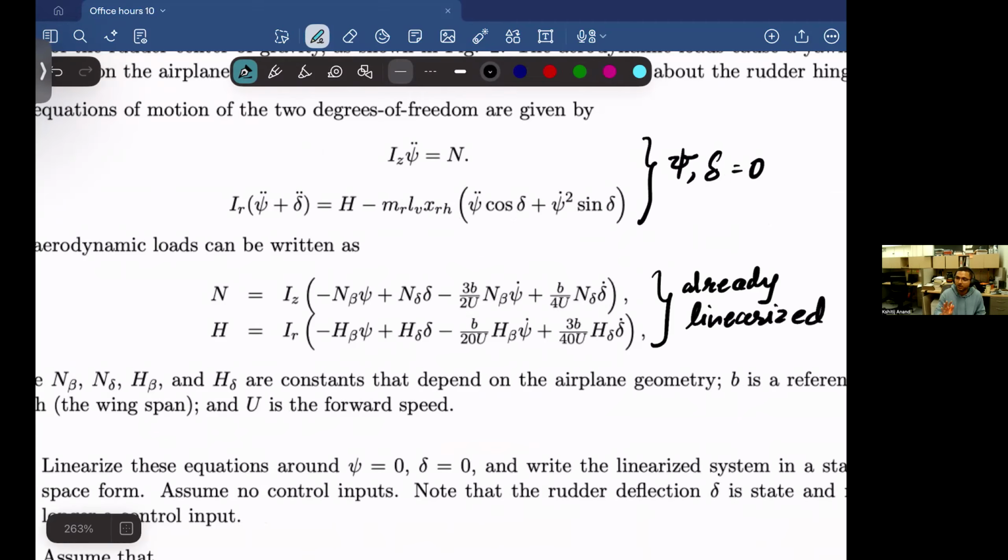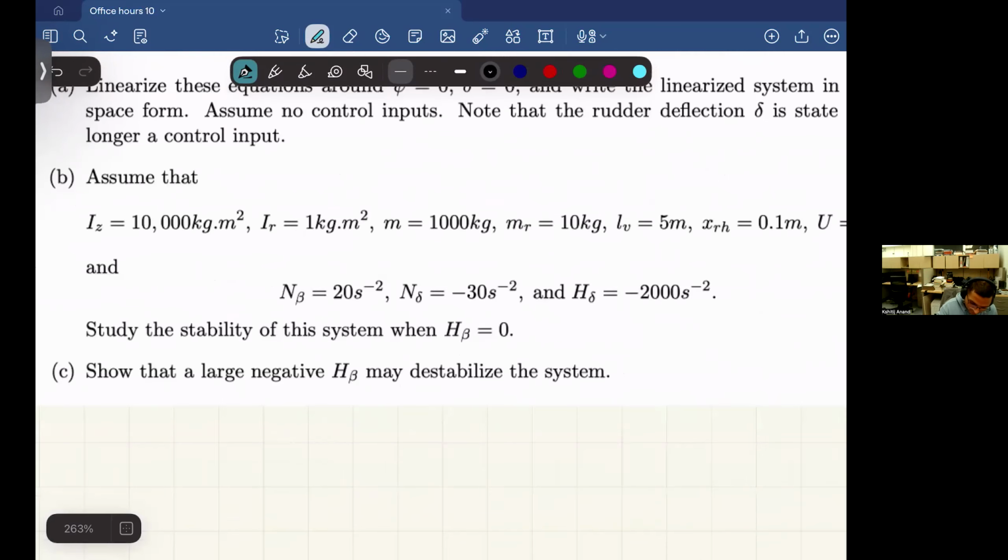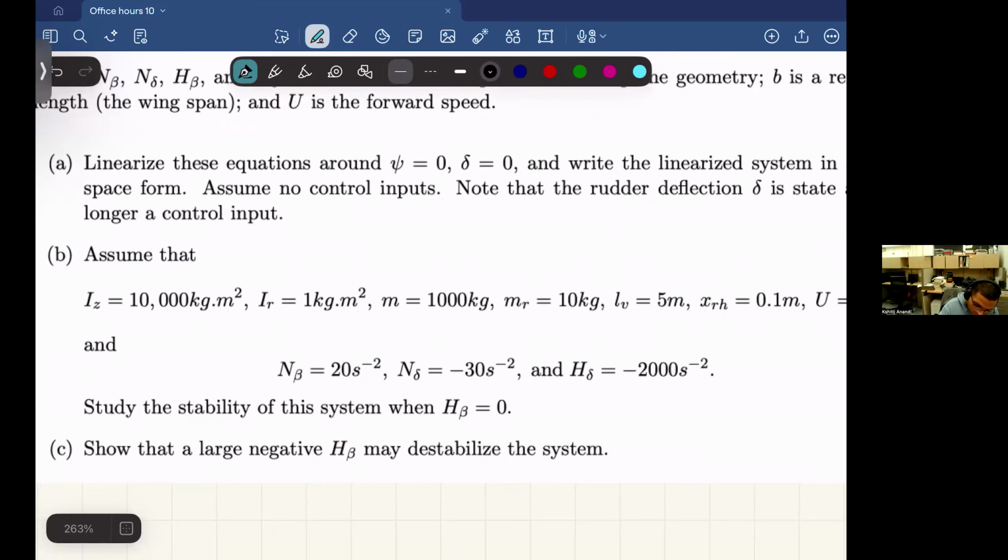So you can plug in the N and H, and finally get a complete equation in psi double dot only in terms of the stability derivatives. This part of the question is basically asking you to get a relation for psi double dot in terms of the stability derivatives, psi dot and psi. Same for delta double dot, the same thing you do with regards to linearization.